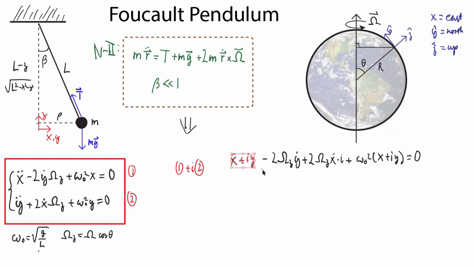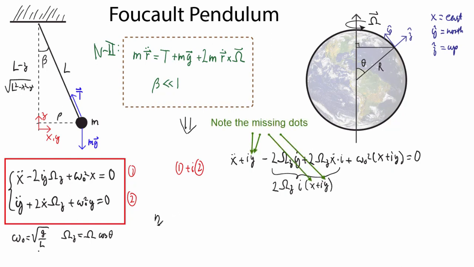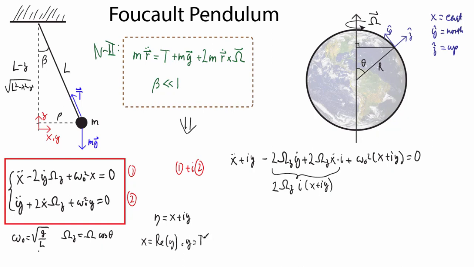These two terms can be rewritten like this. And therefore, we can introduce a new variable, eta, which is equal to x plus iy, allowing us to find, when we solve the equation, x as the real part of eta and y as the imaginary part of eta.